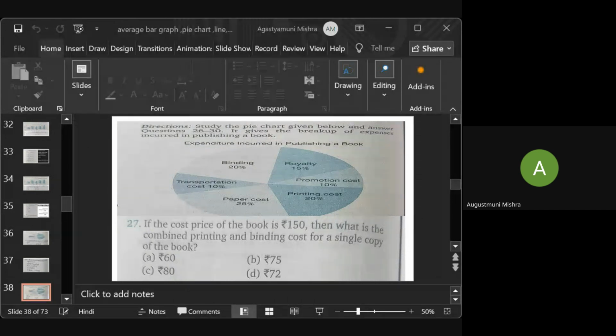Okay, 2 more responses means total 3 responses we have, that is A. Only 1 minute left, so after 1 minute I will change it. Waiting for a few more responses.